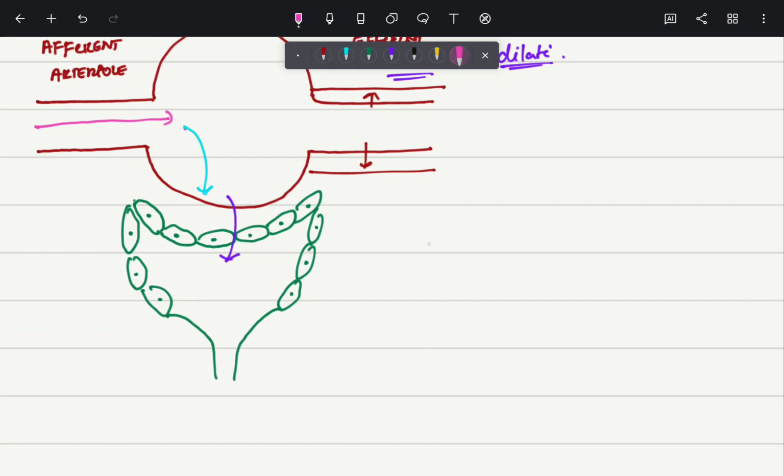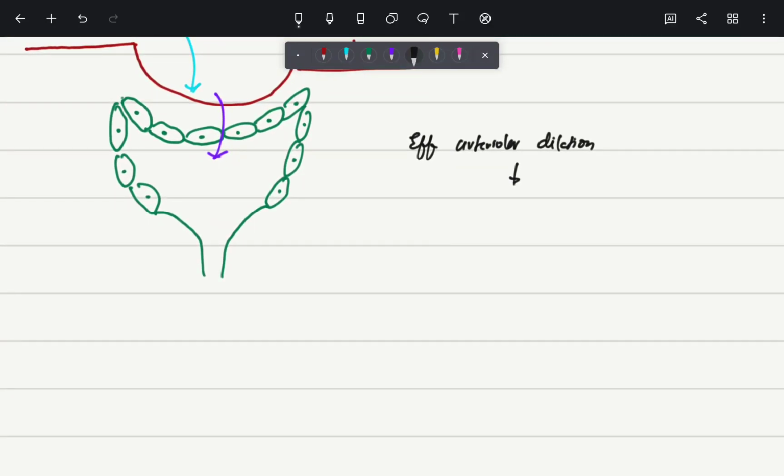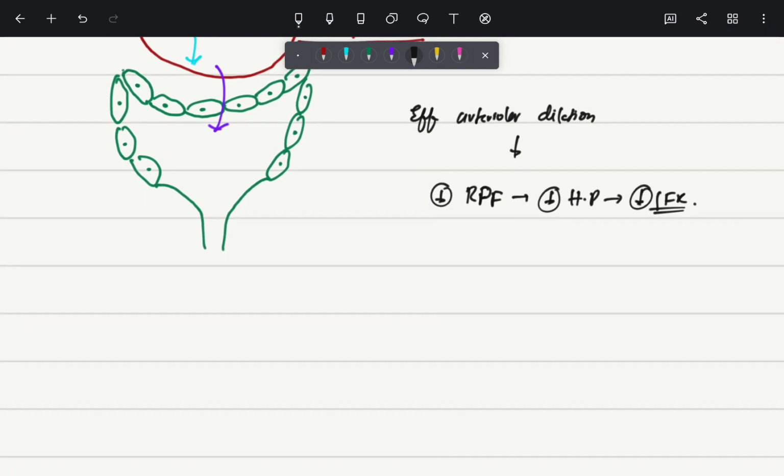So in summary, whenever there is efferent arteriolar dilation, there is decrease in the renal plasma flow, hence there is decrease in the hydrostatic pressure, which will eventually decrease the GFR, or the glomerular filtration rate.